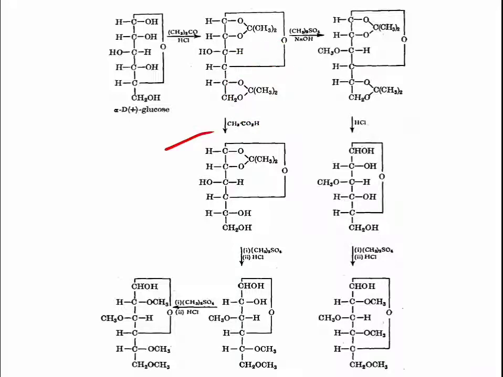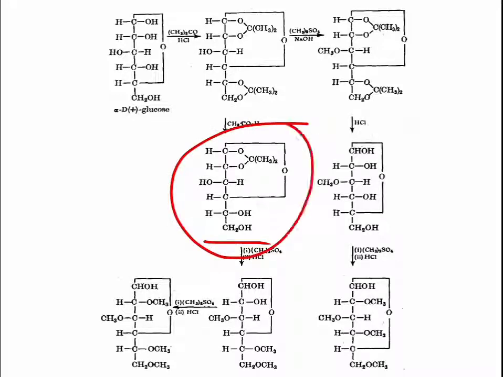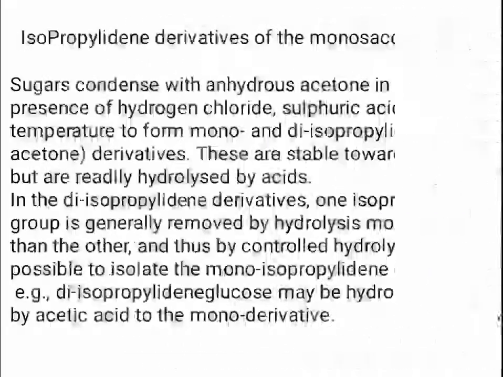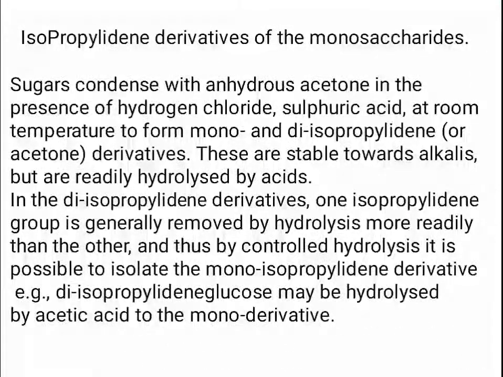So here you are adding acetic acid, so this group will be removed and you will get this diol, and this is the monosubstituted isopropylidene derivative. Here see that one isopropylidene group is generally removed by hydrolysis more readily than the other.